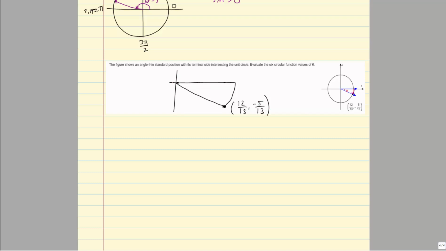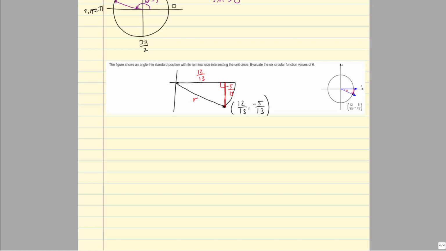So I'll leave that information up there just a little bit. Well, if you want to think about this in terms of triangles, you could bring up an altitude to hit the x-axis. And in the x direction, I know that this is 12/13. In the y direction, this vertical distance, that's negative 5/13. And then this is my radius of my circle, r.